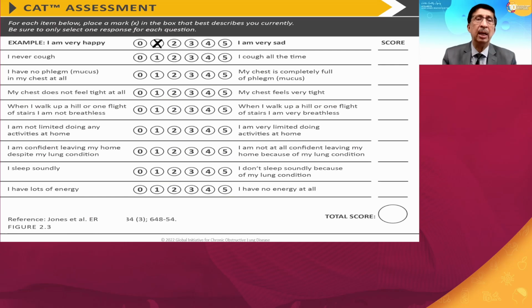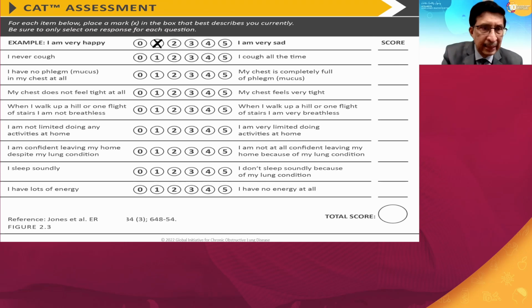Similarly, we have the COPD Assessment Test, or CAT assessment, from the Jones group in St. George's Hospital. They have this 8-item questionnaire, scoring a maximum of 5 points if it is very bad. That means if you cough all the time, that is 5 points. Similarly, do you have phlegm?